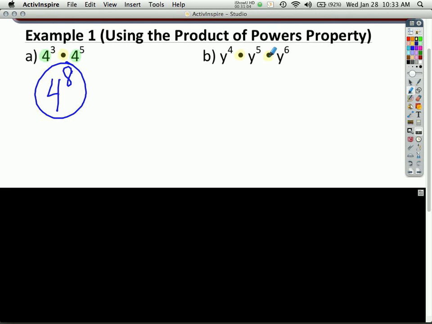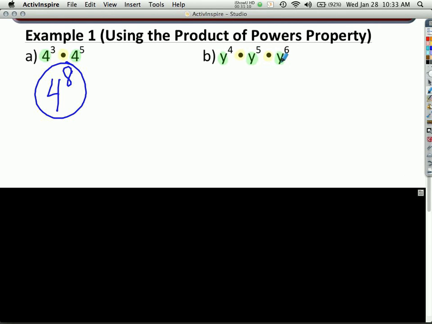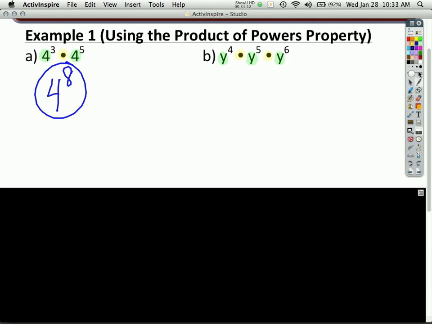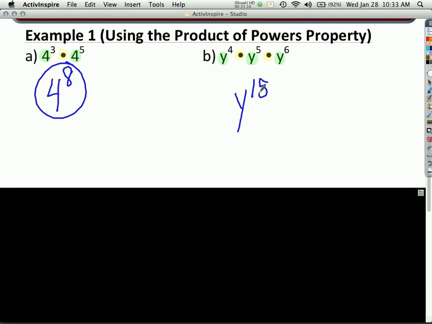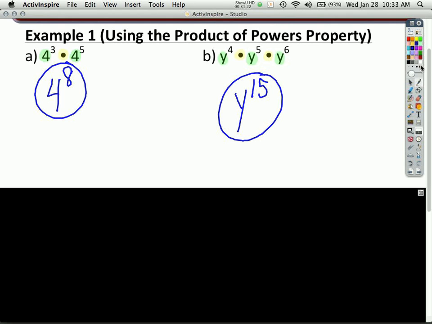Yep, it's a product. And do they have the same base? Yes, they do. So you add the exponents. So Tyler and Paige were correct. It's going to be y to the 15th power. Anyone have any concerns about that?